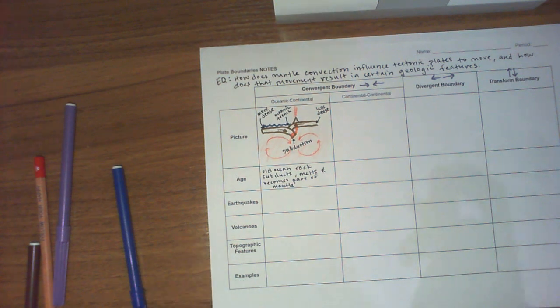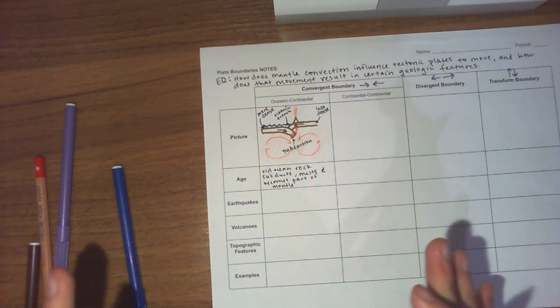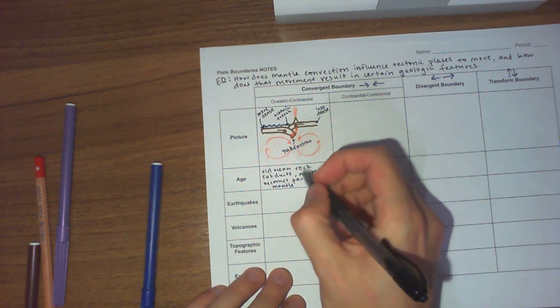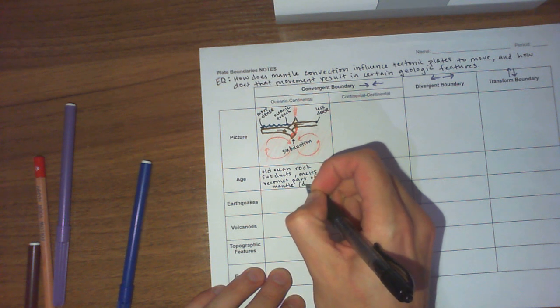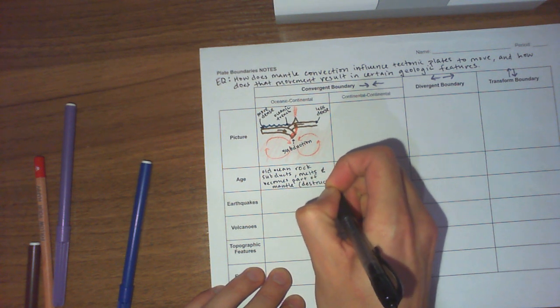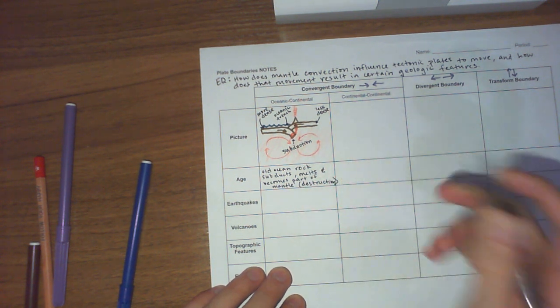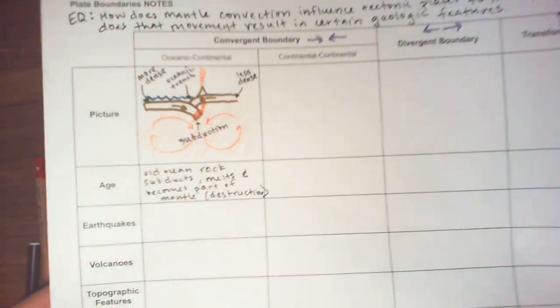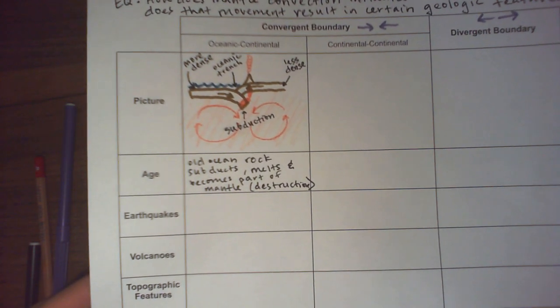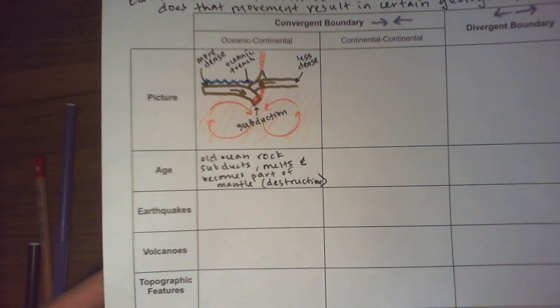You can kind of consider this the end of the rock's life at that point. It gets destroyed there, so we'll write destruction. So we have old ocean rock subducts, melts, and becomes part of the mantle, destruction.